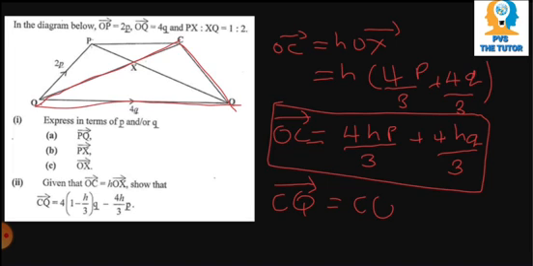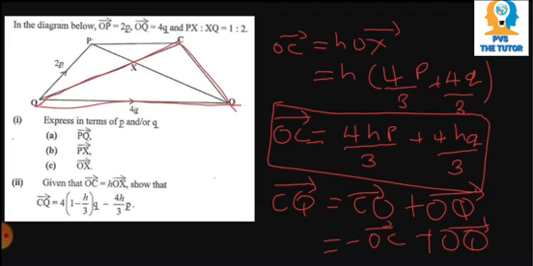So CO plus OQ. Now you need to know that CO is negative OC because it's in the other direction, plus OQ. So we also have this. So we'll take note of that.